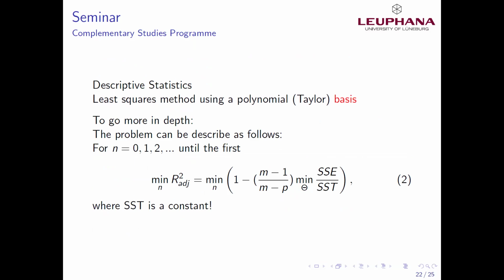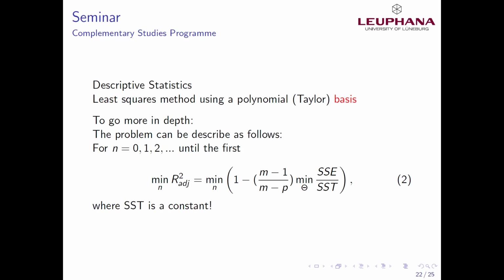Now, in this formulation, we can see that to minimize R square adjusted in general can be written in this form. I mean, the minimum of R square adjusted with respect to n, which is written here, but also the minimum of SSE with respect to theta.